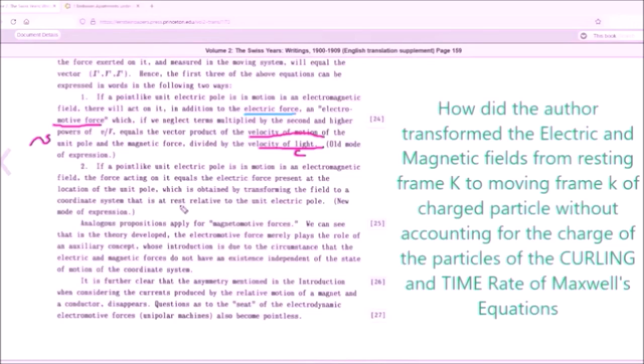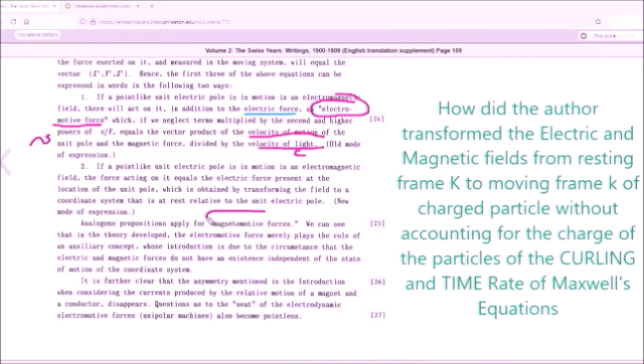Another way, transforming the electric force from the capital K to small k. That is the new mode of expression. Analogous propositions apply for magnetomotive force. First he discusses here the electromotive force.